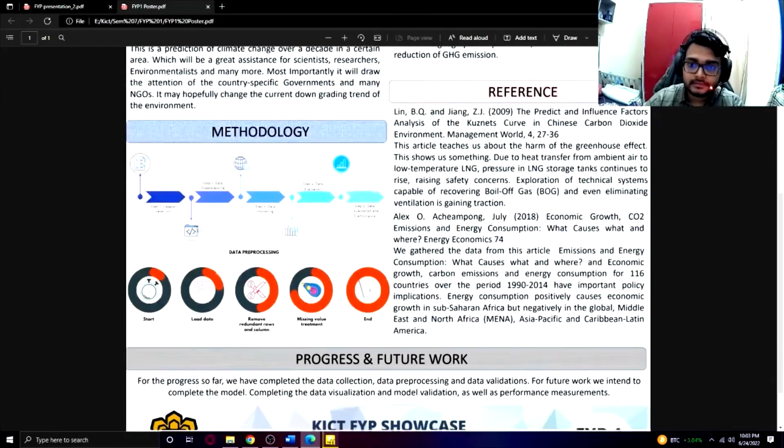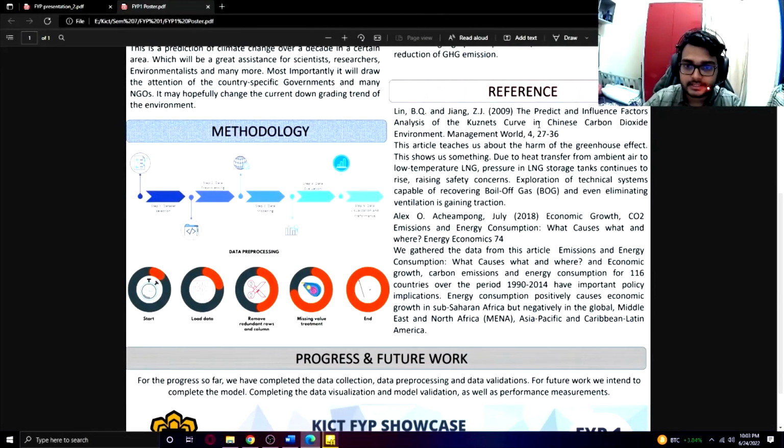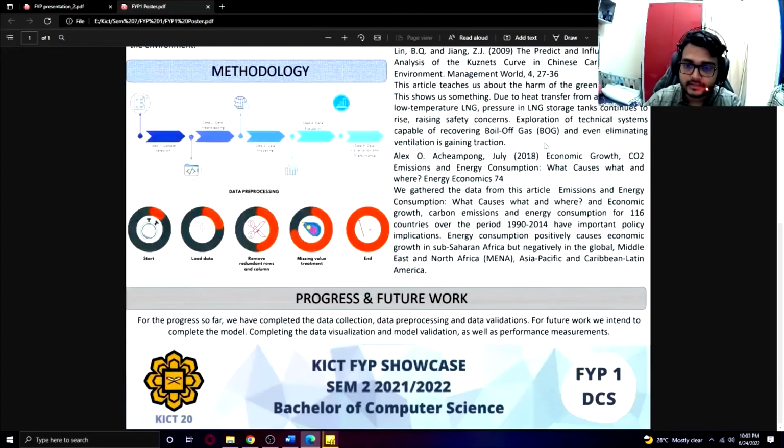With that, we can move on to references, where we have only chosen two of them. One was published in 2009, on the prediction of influencing factors of the Kuznets curve in Chinese carbon dioxide emissions. It shows the importance and implications of greenhouse gas on our environment. Another report, published in 2018, covers economic growth, carbon dioxide emission and energy consumption.